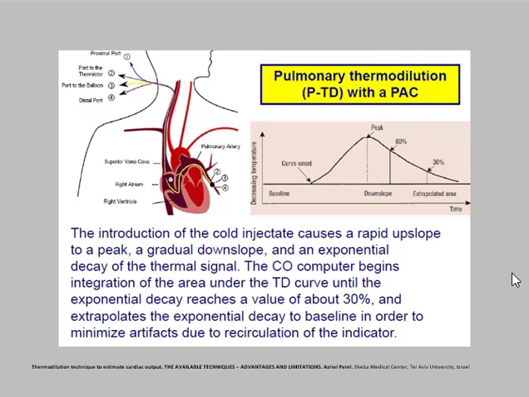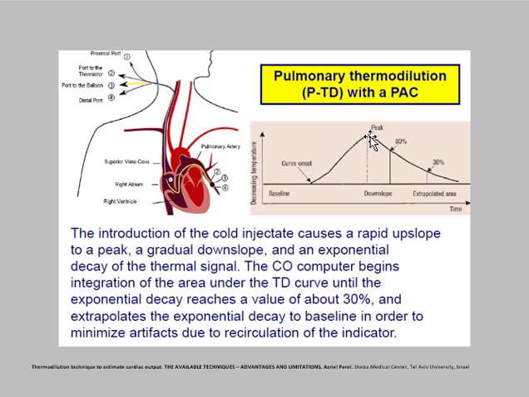Let's have a closer look at this curve. Again, the Swan-Ganz catheter in the pulmonary artery, and a graph showing that temperature curve, temperature time curve. This is the onset of the cooling.